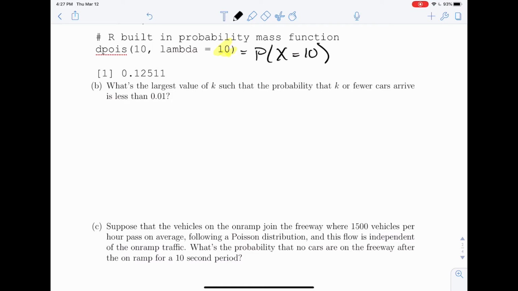That says that the probability that x is less than or equal to k should be less than 0.01. And the goal here is to find the largest k such that this statement holds.